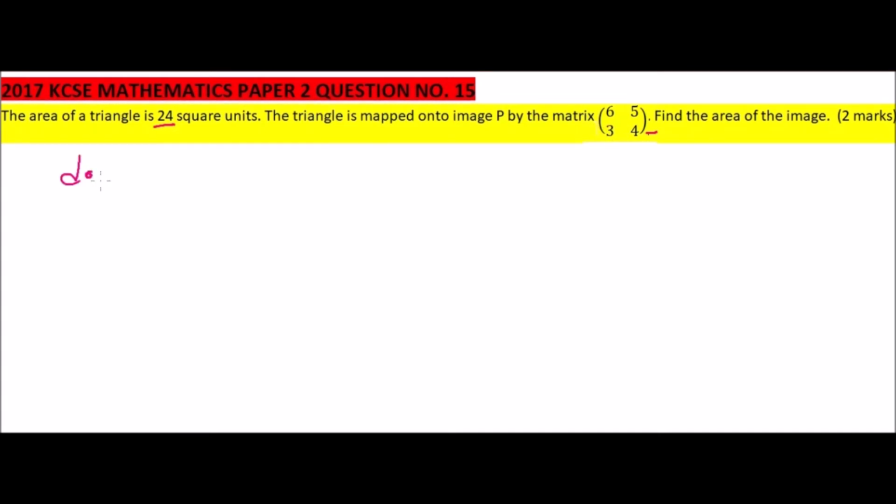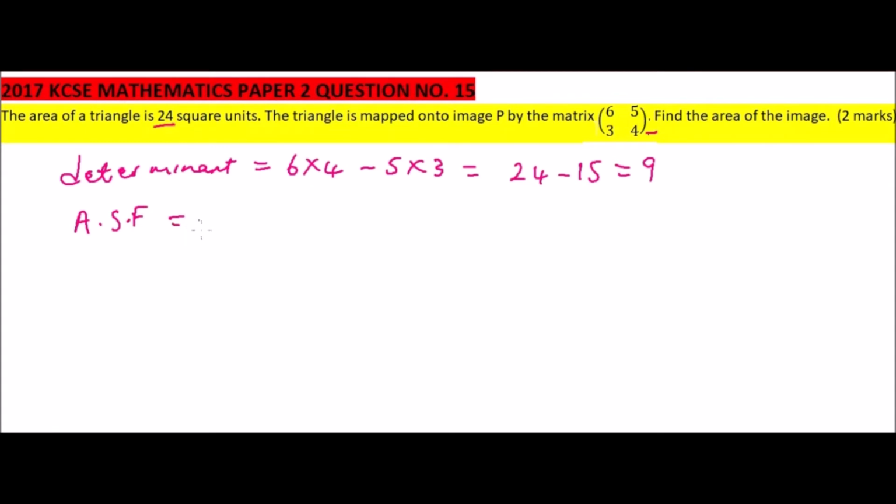So we say the determinant is equal to, we multiply the elements of the main diagonal, that is 6 times 4, we minus the product of the elements of the other diagonal, that is 5 times 3, and that should give you 24 minus 15, which is equal to 9. So the area scale factor is equal to 9.